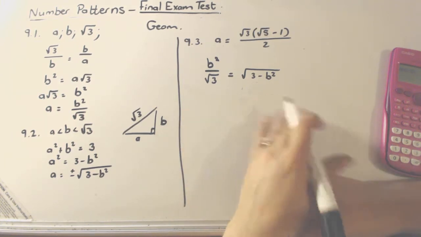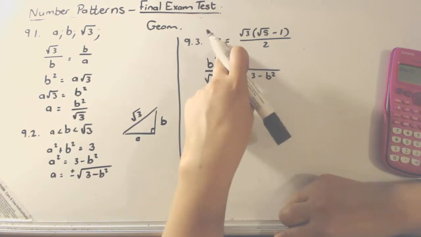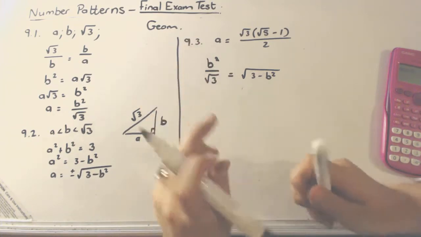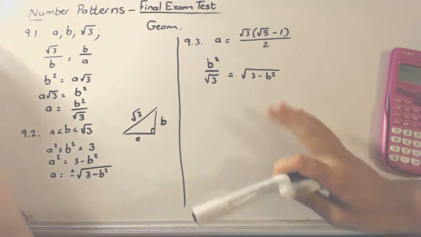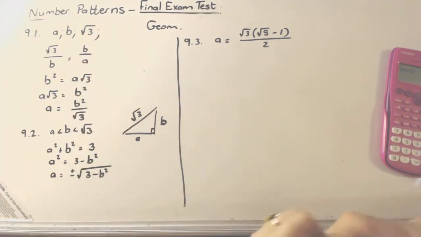But now I'm working with b's, and I actually want to work with a's. So I'm going to go back a little bit. This question counts 6 marks.